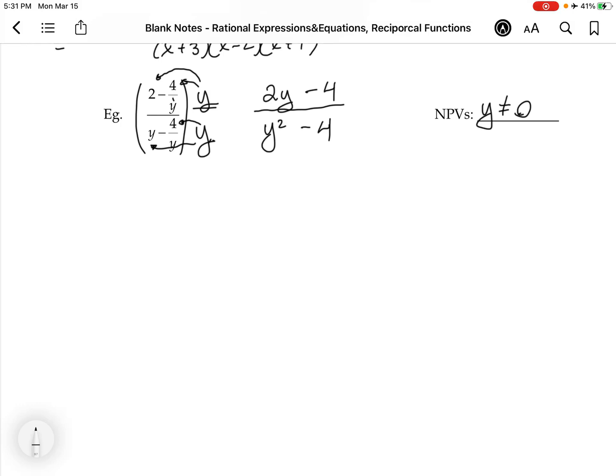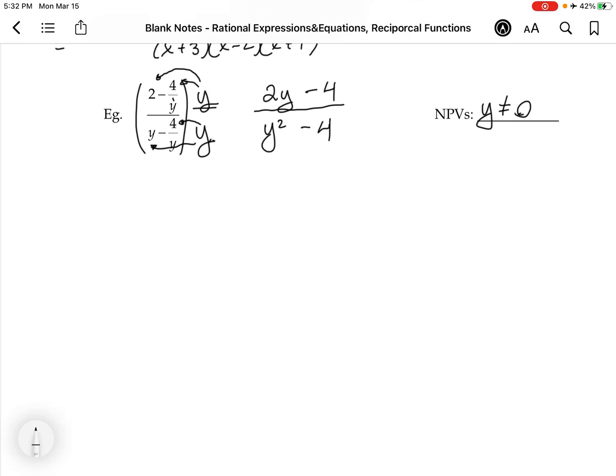Okay, that's a lot nicer to deal with. However, you have to make sure that you add in this non-permissible, because when we multiply by y over y, we're canceling that denominator, and that denominator of y is in the original rational expression, so it is a non-permissible. Okay? Now, that is one thing you can do. And we'll deal with this in a second.